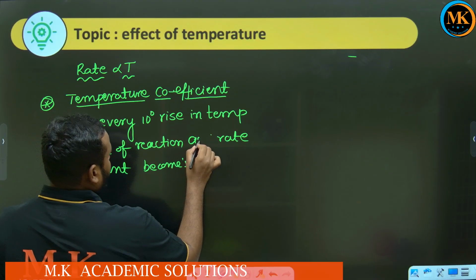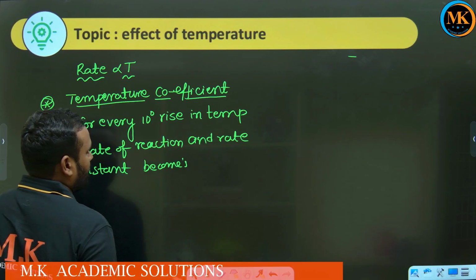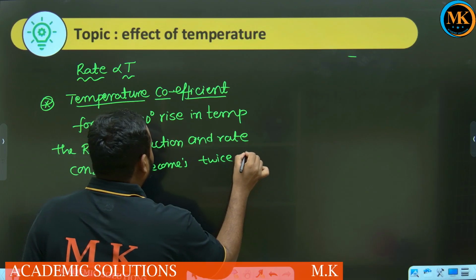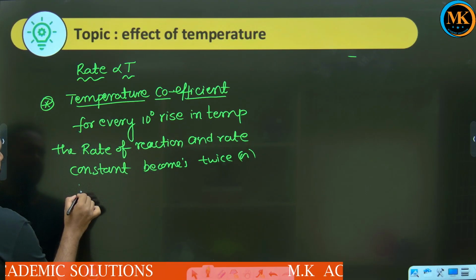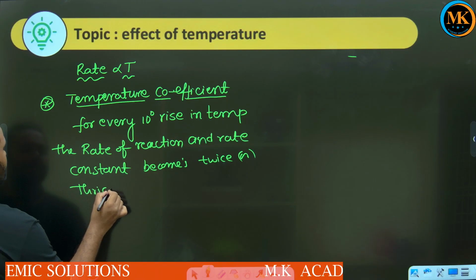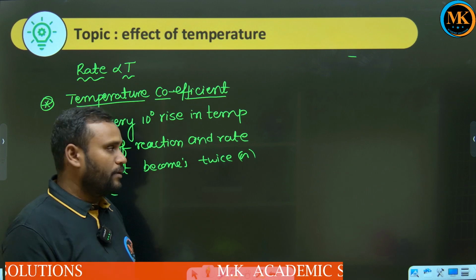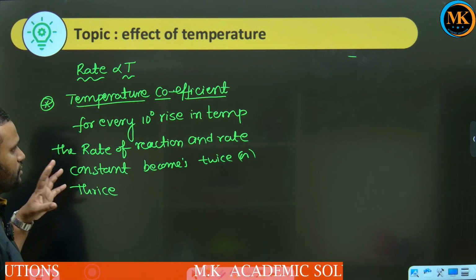Rate of reaction and rate constant become twice or thrice. Means it changes to 2 to 3 times. Okay, that is the meaning of the temperature coefficient.